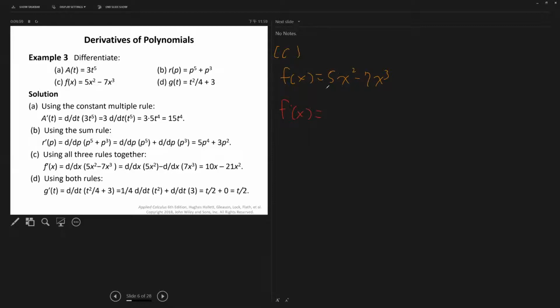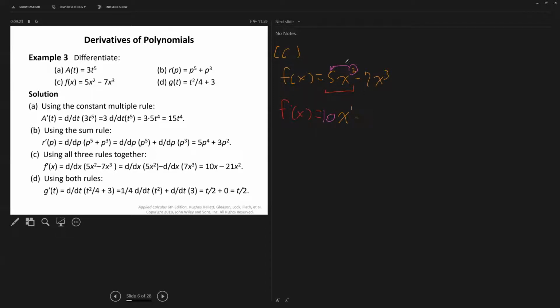For the first part, all you need to do is bring the 2 down and multiply with the 5. So 2 times 5 will give you a 10. And then write x, decrease the power by 1. So 2 minus 1 will just be 1, x to the 1st power.